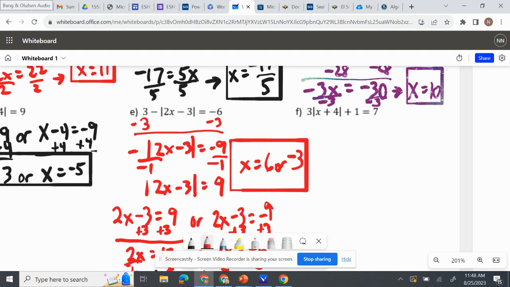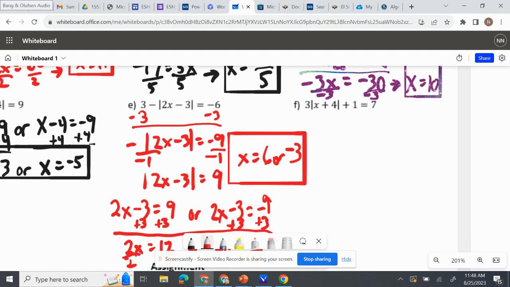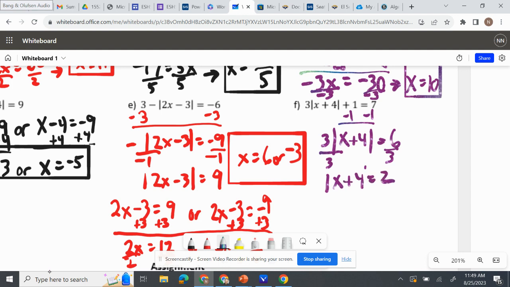For our last one, once again, just like letter E, we want to get the absolute value by itself. So I'm going to subtract the 1. I get 3 times the absolute value of x plus 4 is equal to 6. I'm going to divide by 3 in order to get the absolute value by itself, and I get the absolute value of x plus 4 is equal to 2.